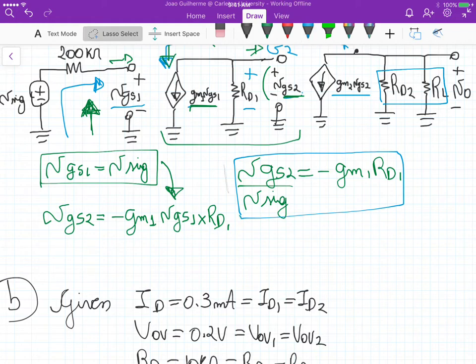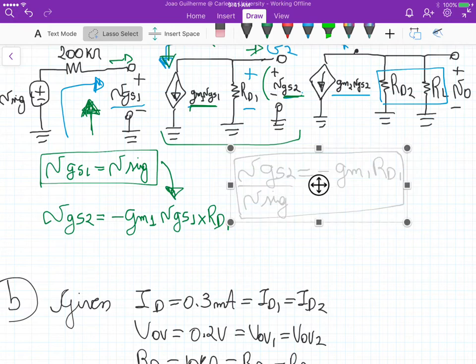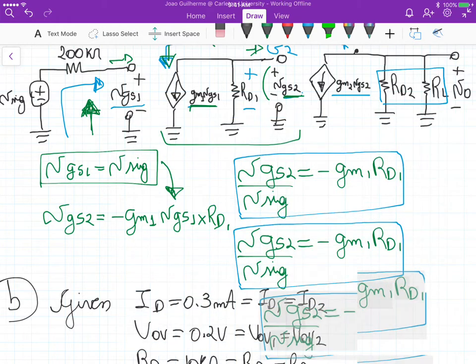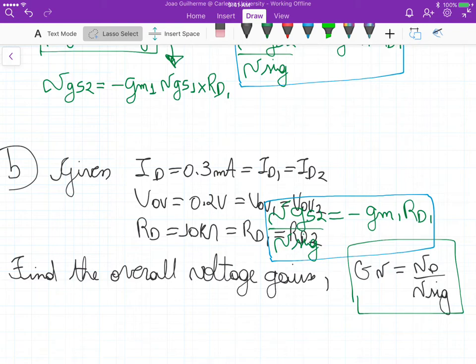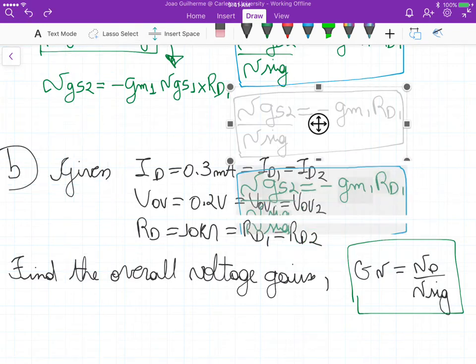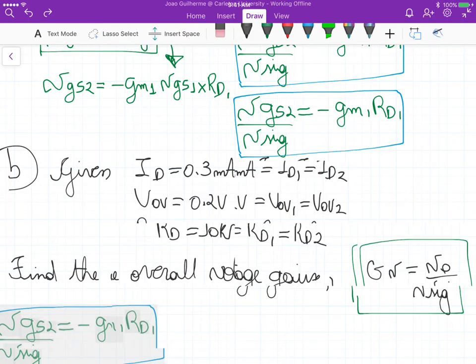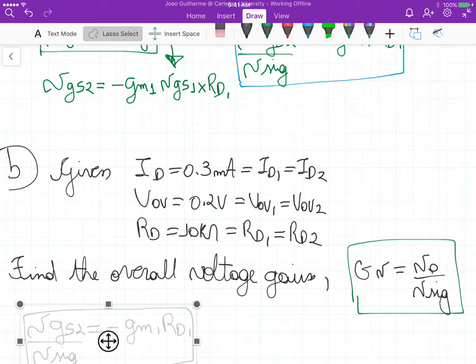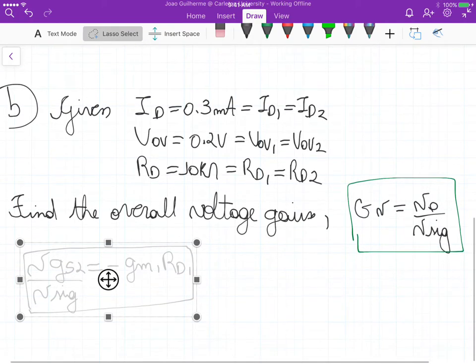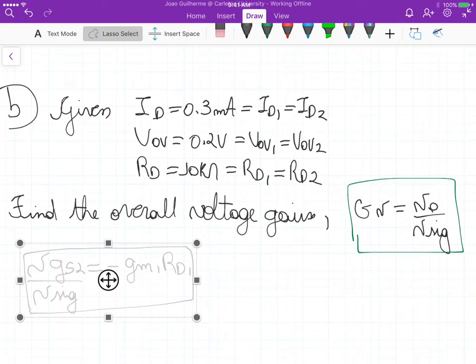Let me copy this equation down there. So that's the first equation that we have, VGS2 over V signal 1.